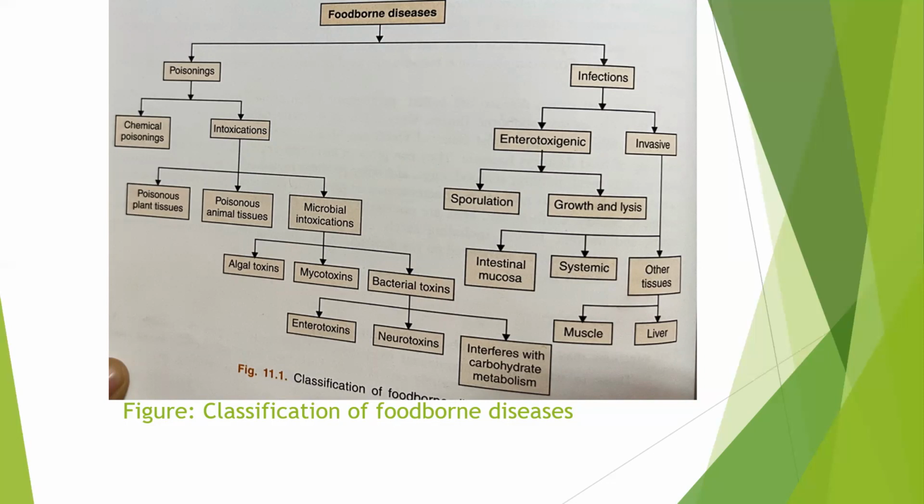Under bacterial toxins, we have enterotoxins, neurotoxins, and others which interfere with carbohydrate metabolism. And under infections, we have enterotoxigenic infection and invasive infection. Enterotoxigenic infection can be because of sporulation, growth, and lysis. The invasive infection can attack the intestinal mucosa, it can be systemic, or it can affect other tissues like muscle and liver. This is a broad classification of foodborne diseases.